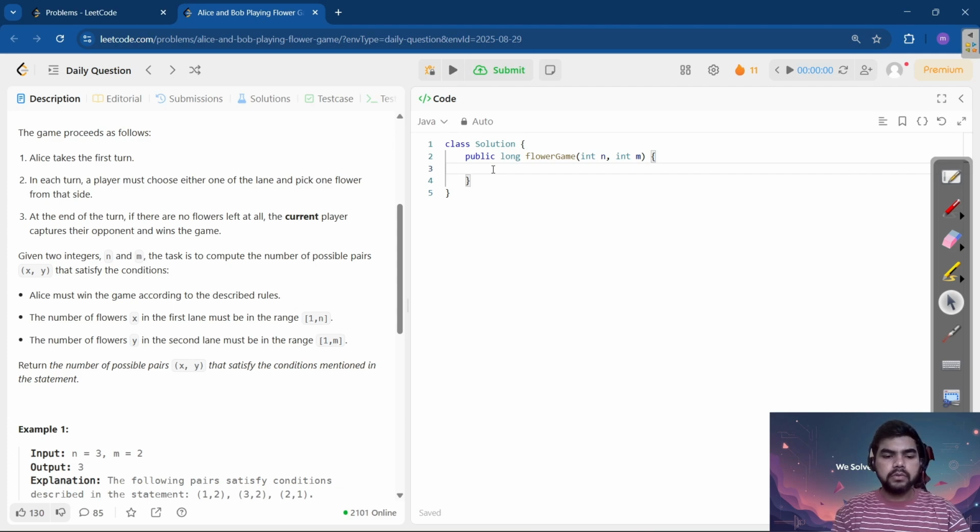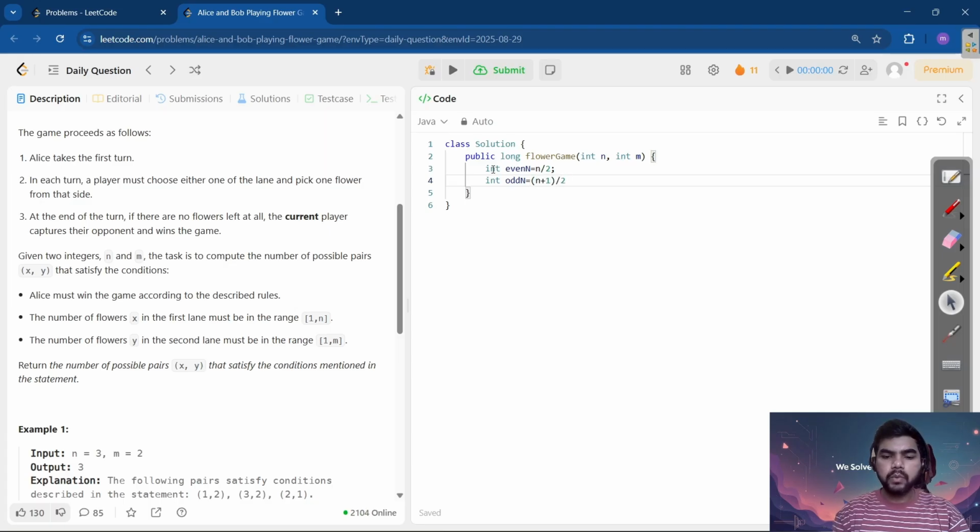Okay, so first int even n equal to n by 2, straight n by 2, correct, nothing else, and the odd n equal to n plus 1 by 2.